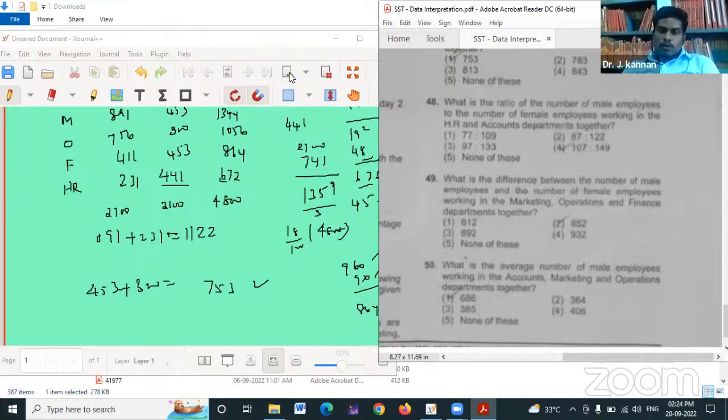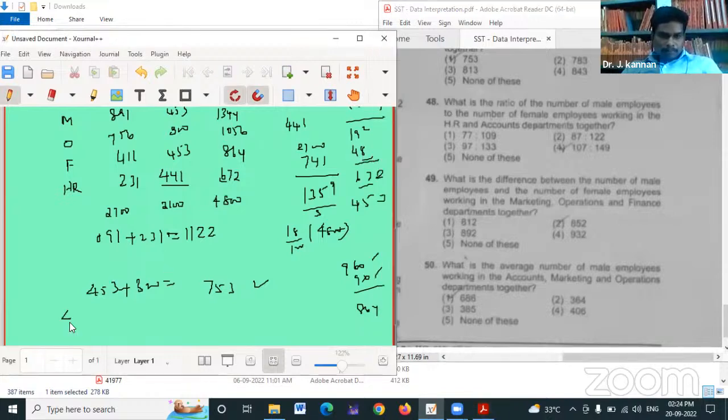So we need two departments, the HR department and the accounts department, with the number of male employees and female employees in each. First, male employees: in the accounts department, male employees is 411, and the HR department is 411, sorry, 231.